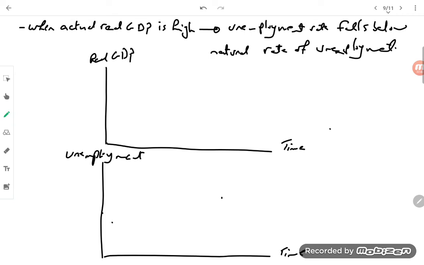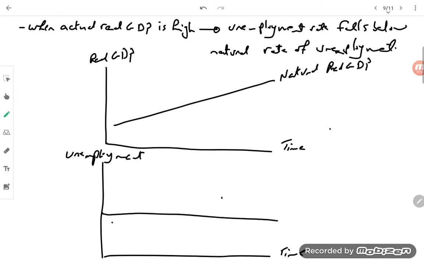Okay, let's illustrate this graphically. The upper panel is related to real GDP, actual and natural, and the lower panel is related to unemployment rate, natural and actual. This is natural real GDP, and this is natural unemployment rate.